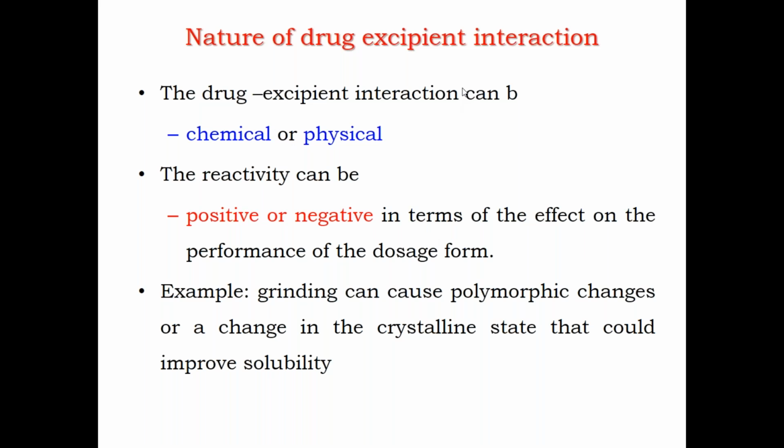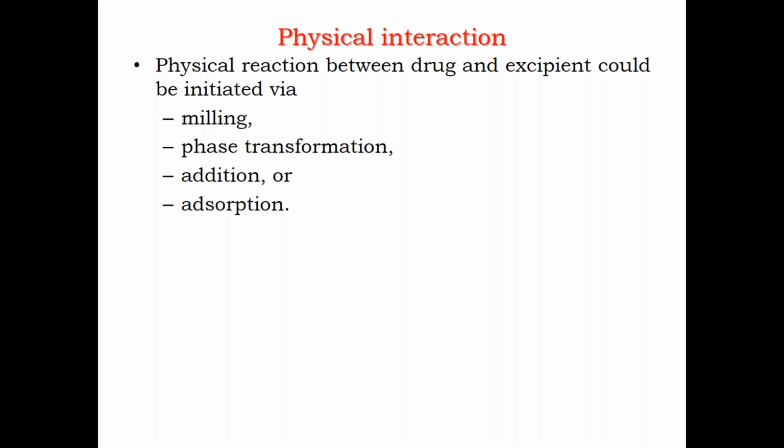Okay, I was discussing the types of drug excipient interaction, chemical interaction and physical interaction. The interaction can have a positive effect or a negative effect, meaning it can be an advantage or a drawback. Many times it's a drawback more than an advantage, but there are excipients which can be deliberately added for advantage. We also started with the physical interaction in detail.